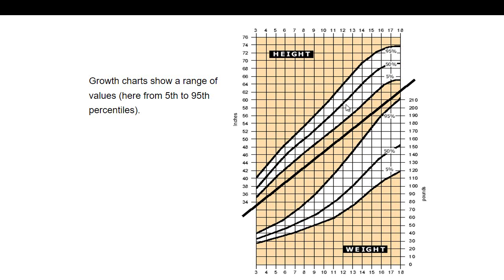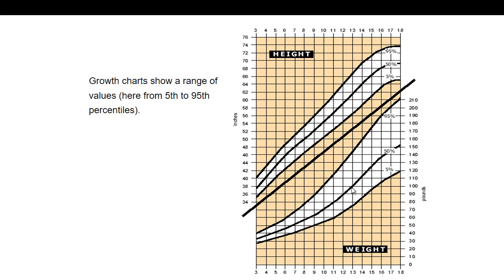Obviously, we can draw many curves here. We can draw the 10th percentile, 70th percentile, 80th percentile, and so on. But we have chosen to draw only 6 of them, 3 above average height and 3 below average height.